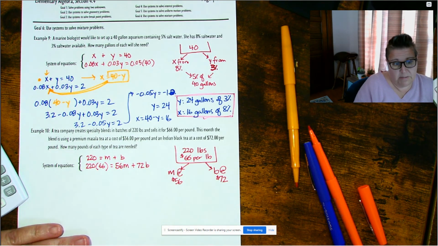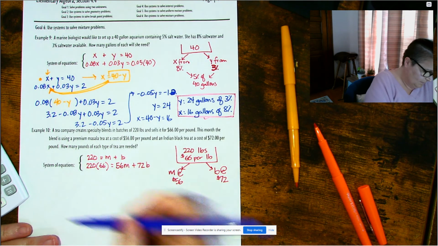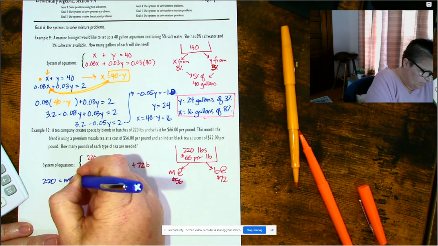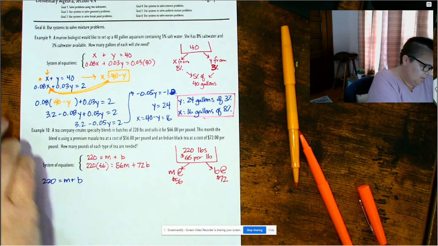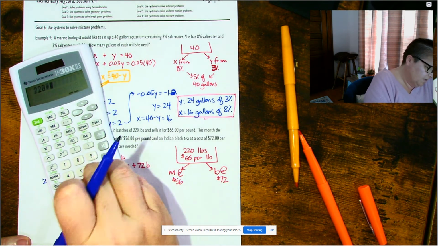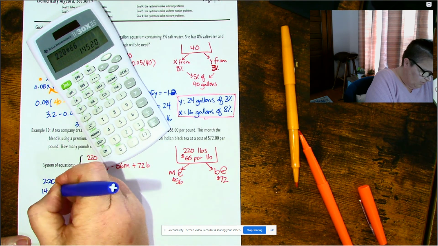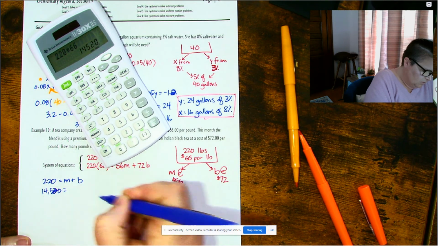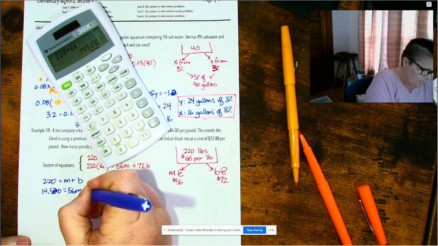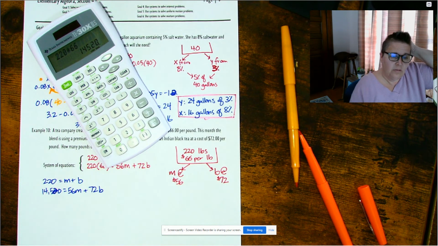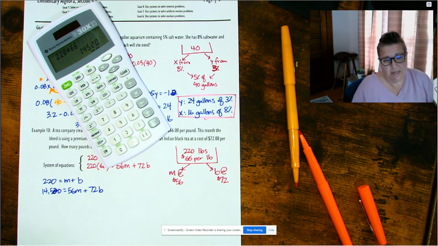And this gives me my two equations. 220 is M plus B, and then 220 times 66, or 14,520, is equal to 56M plus 72B. M for the masala tea and B for the black tea.